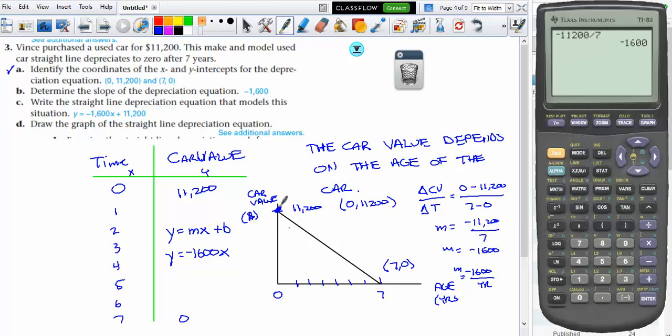Well, what is the y-coordinate of the y-intercept? It's 11,200. So that becomes the b in our equation. So we determined the slope, we wrote the equation, and there is the graph right there.